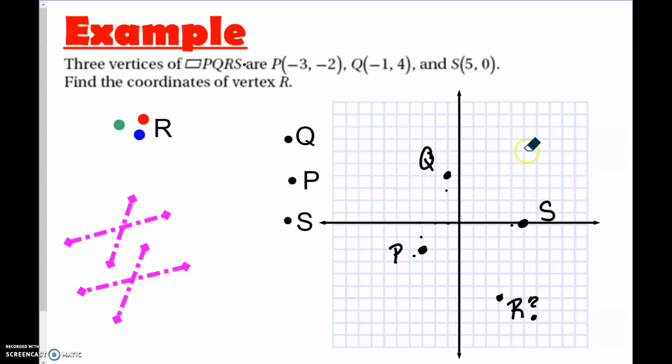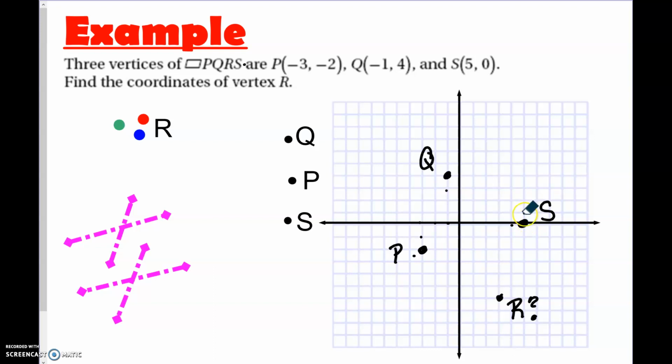So R has to be over in this vicinity over here. So that was up 6 and over 2.